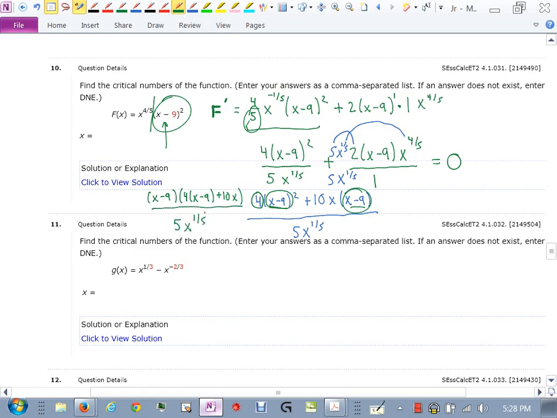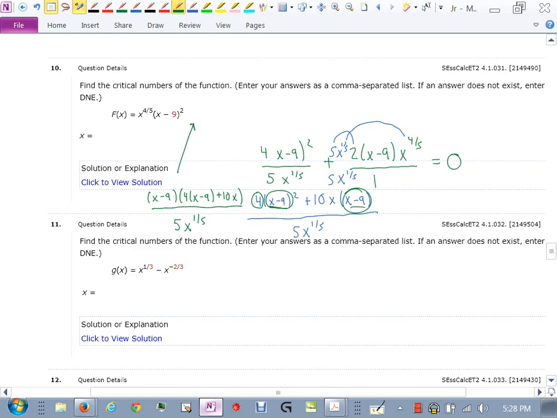All right, I need some more room here, so let me go up here. So going up here, I have x minus 9, and then distributing my 4 through, I get 4x, it's going to join the 10x, that's going to be 14x. And then I have negative 36 all over the bottom.